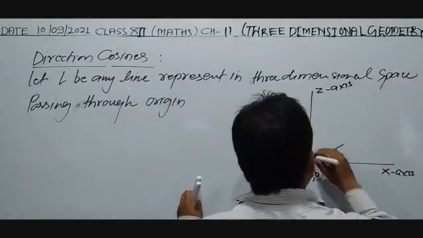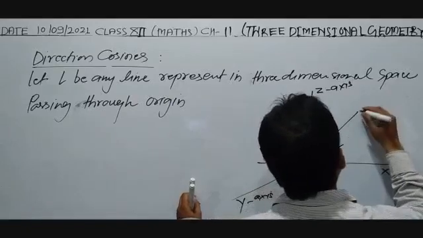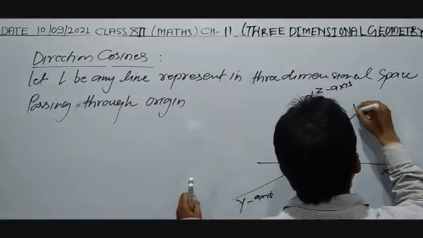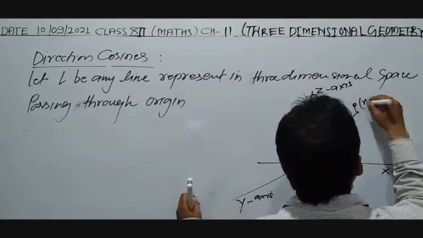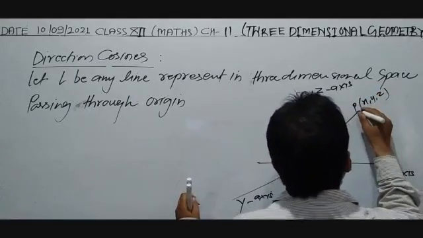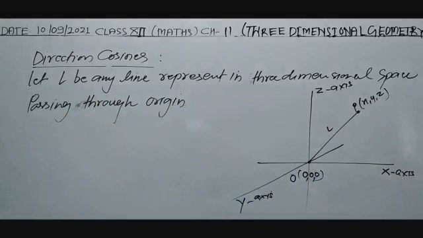And now this is the line L. Suppose this is the point P having coordinates x, y, z, and the line is passing through origin.